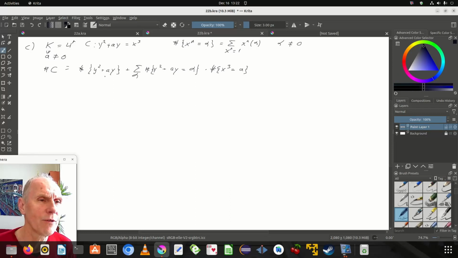And here we have 2 points, namely naught and minus a, so that equals 2. And here we of course sum over alpha distinct from naught.